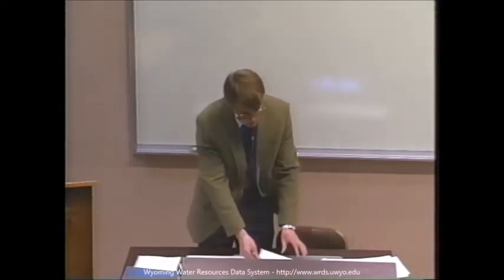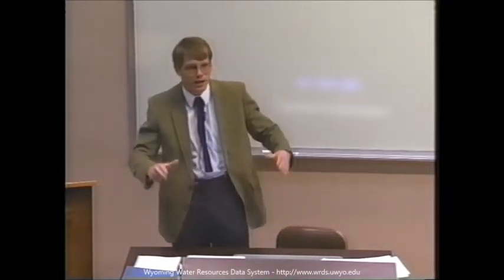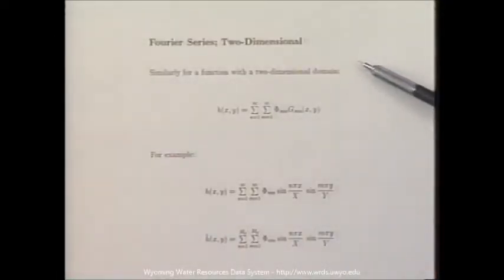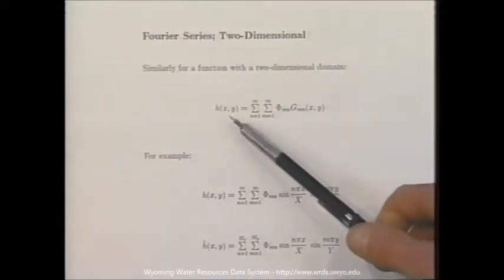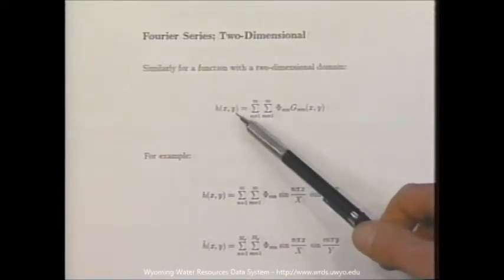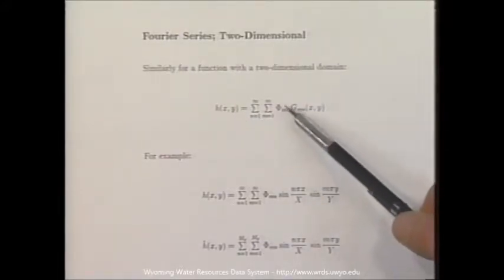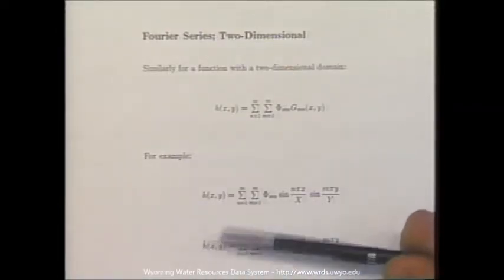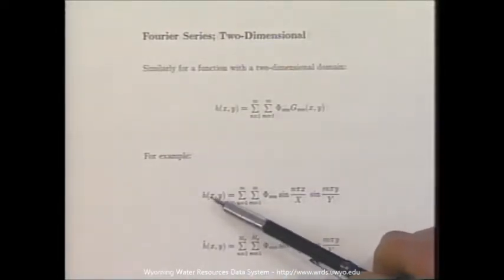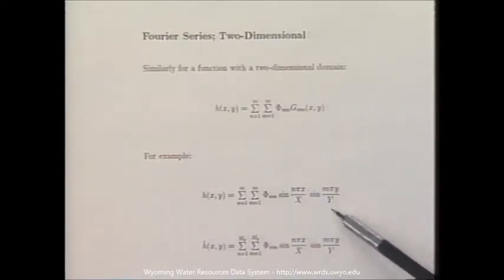Only instead of the one-dimensional case, you can say the same thing about the two-dimensional case. You've got an xy plane, you've got a two-dimensional domain, and a function or a surface above that plane. You can approximate that, or you can actually write that function in terms of some basis function and a coefficient in an infinite series. For example, I might talk about my function h of x,y in terms of a double sine series.